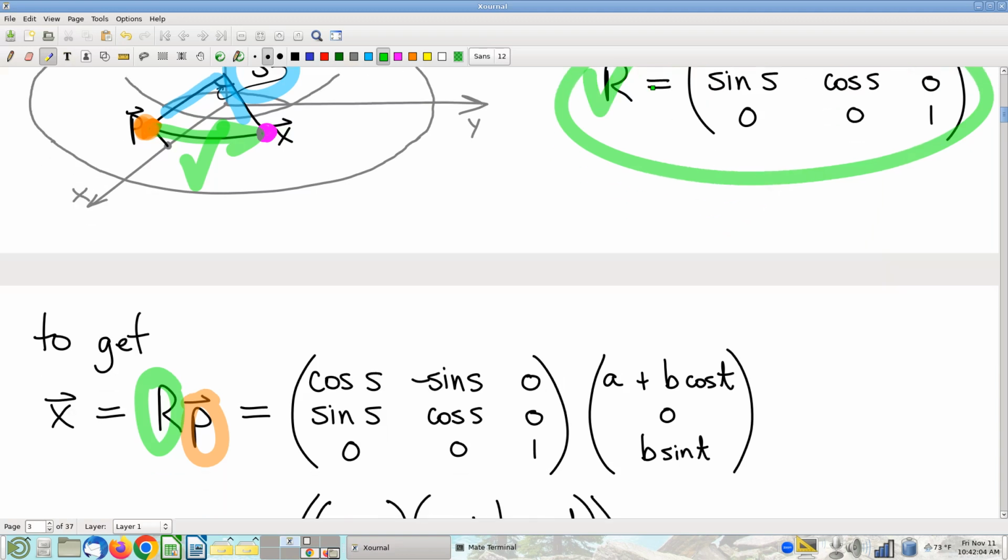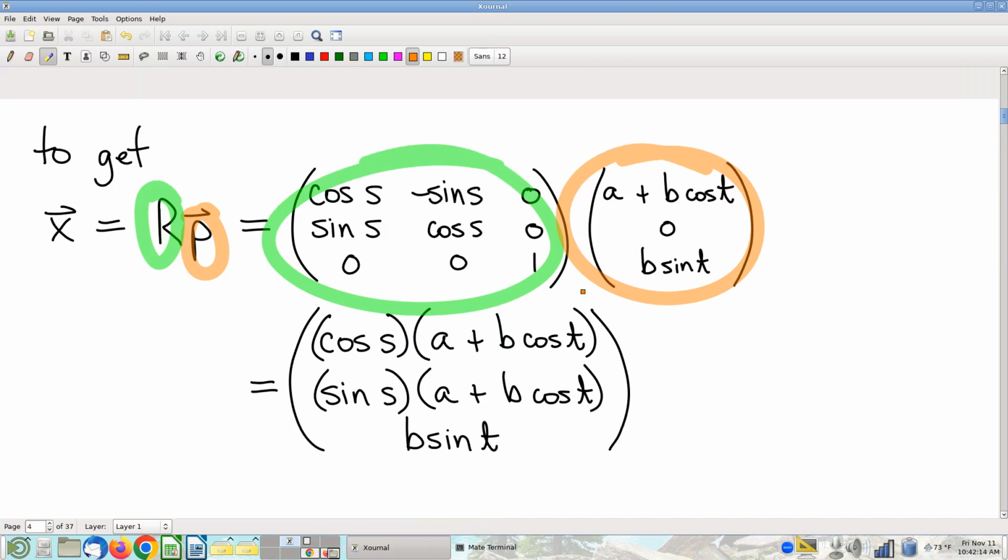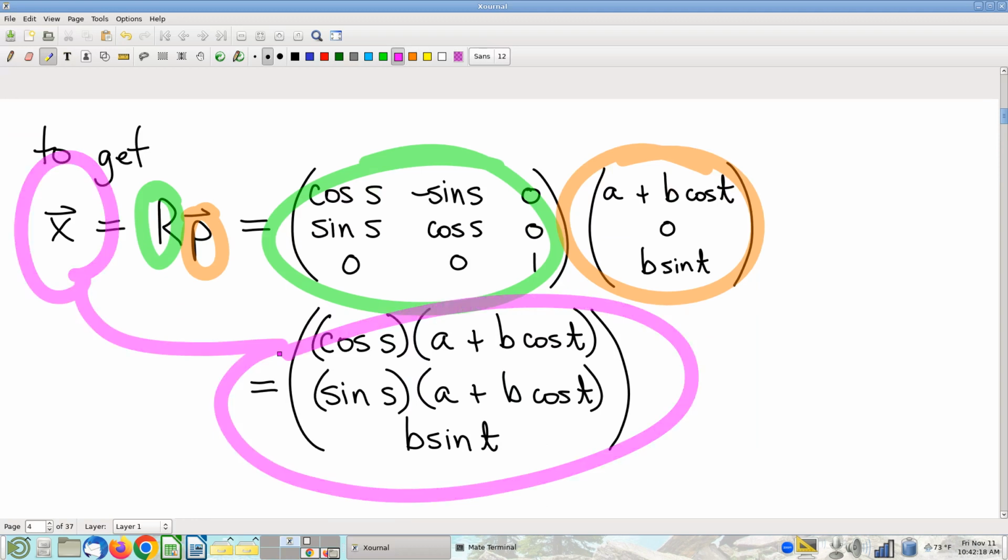And there it is: I am rotating P, previously computed. You multiply out that algebra, and there you go. We win. Location on planet Donut is given by this formula, depending on S and T. Again, a reminder, that's like longitude and latitude on the donut.